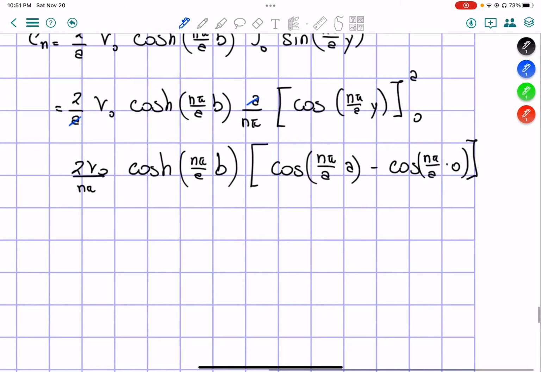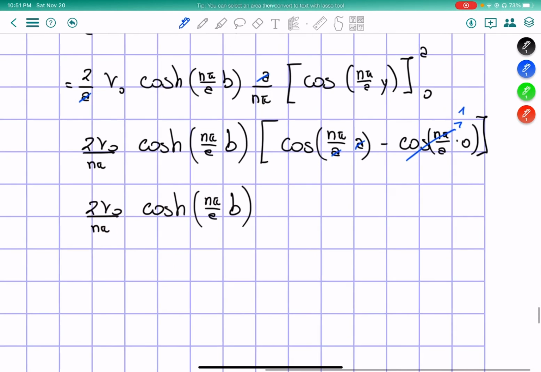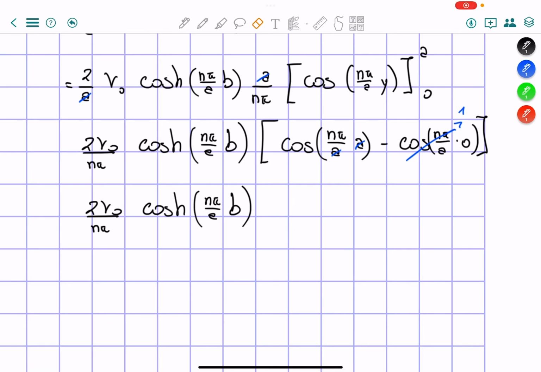Okay, so these two values cancel each other out, and this part here is simply going to be equal to 1. So what we get out of this is cosine of n pi minus 1.